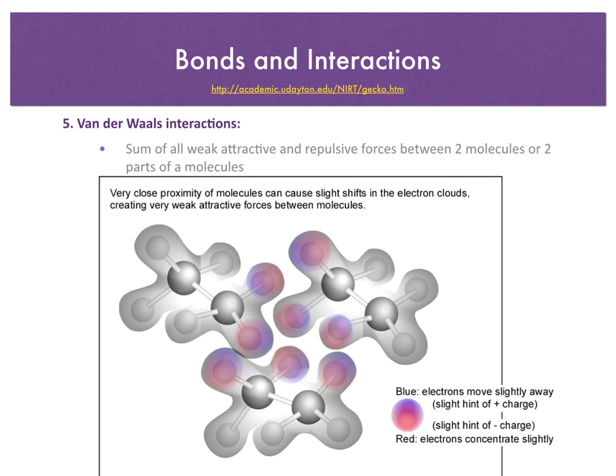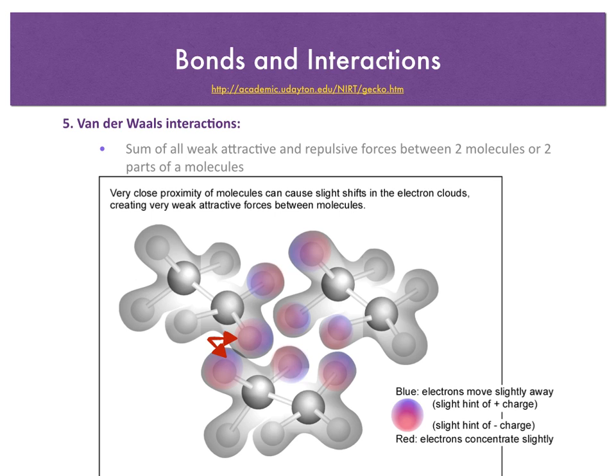Finally, the last type of interaction is called van der Waals interaction, and this is a type of interaction that looks a lot like the hydrogen bonds, and they occur between slight positive charges and slight negative charges of bigger molecules.